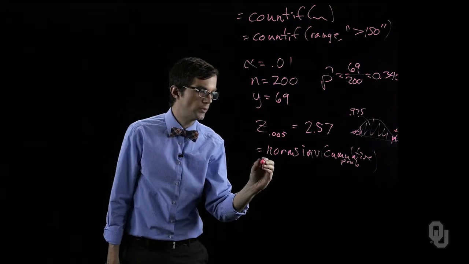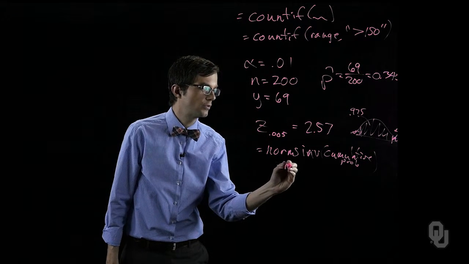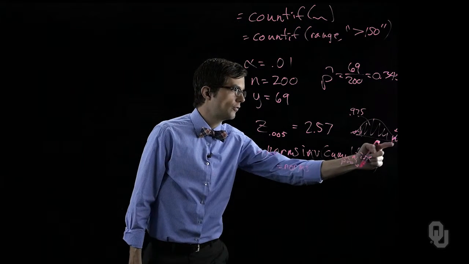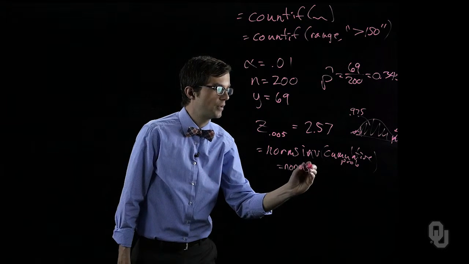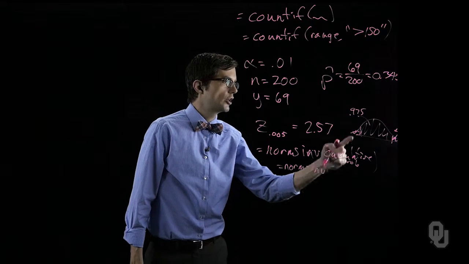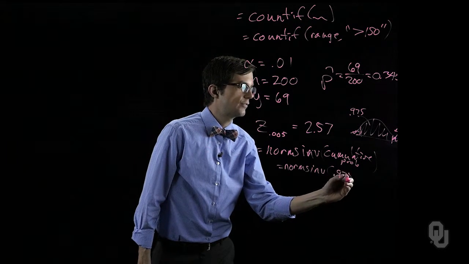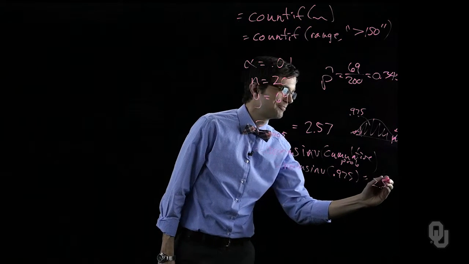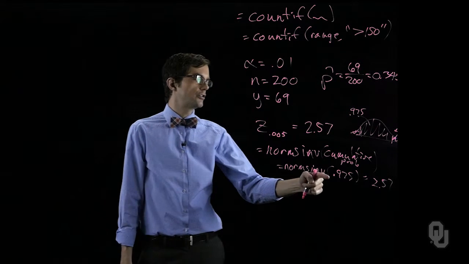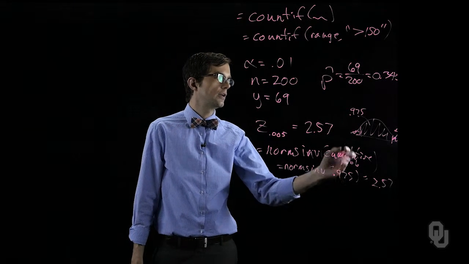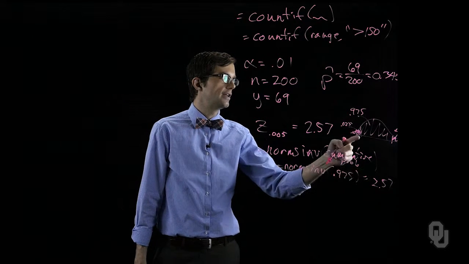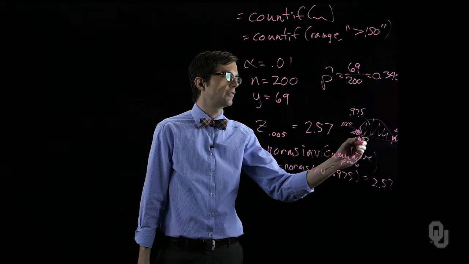So if you implement this inverse function to find that value with 0.025 in the upper tail, you would read in NORM.S.INV of the cumulative probability of 0.975, and you get 2.57. If you were to just put in 0.025 here, that would be 0.025 in this lower tail, and you would get negative 2.57 in that case.